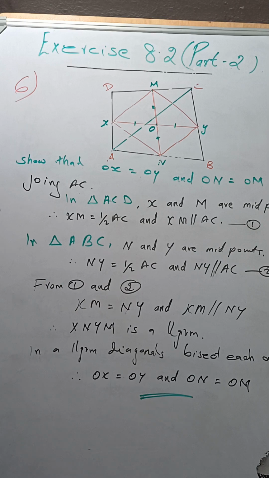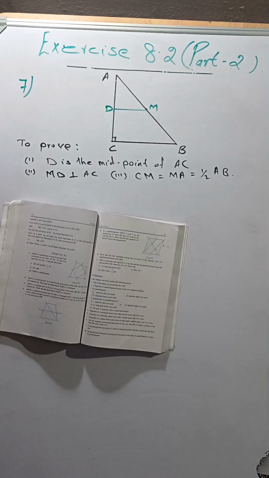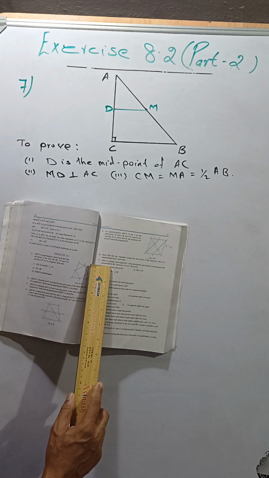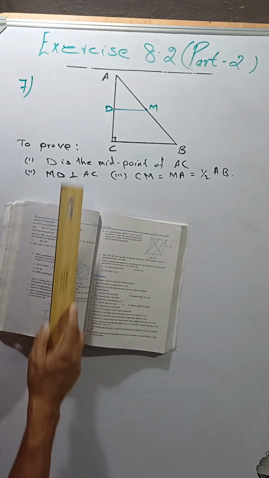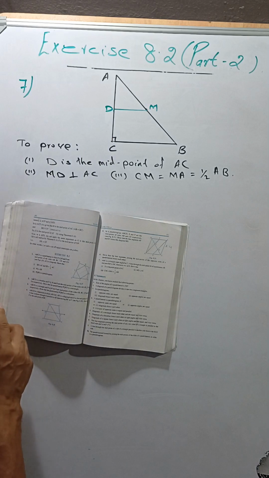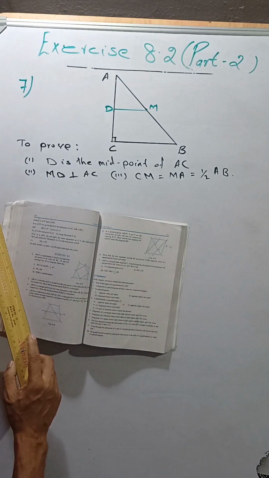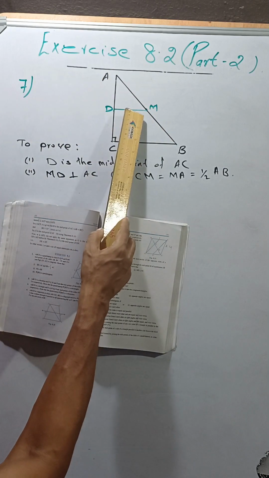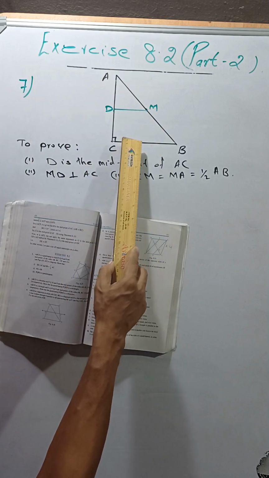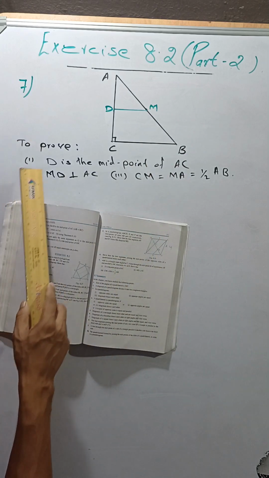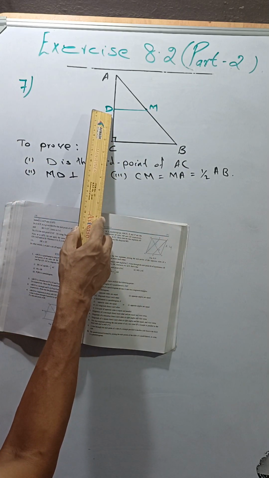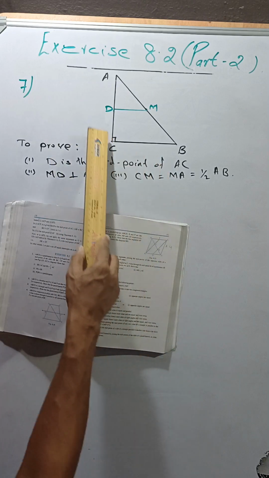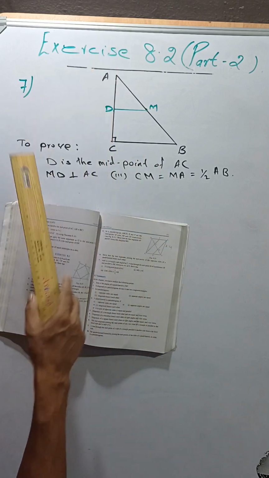Next, let us do the last question of this exercise 8.2, question number 7. In question number 7, ABC is a triangle right angled at C. A line through the midpoint M of AB, parallel to BC, intersects AC at D. Then prove that, first, D is the midpoint of AC.